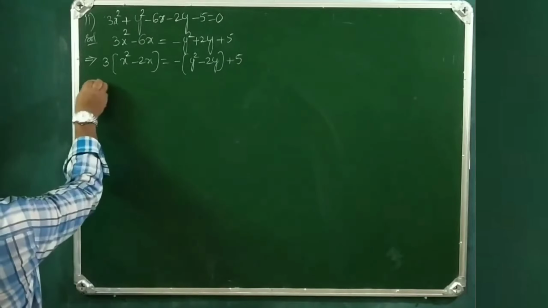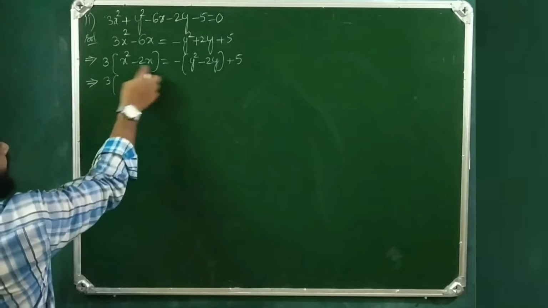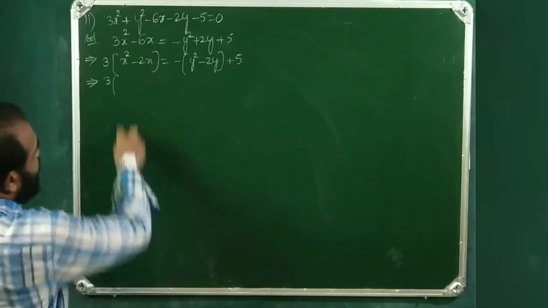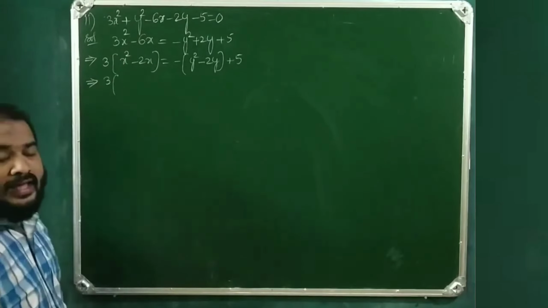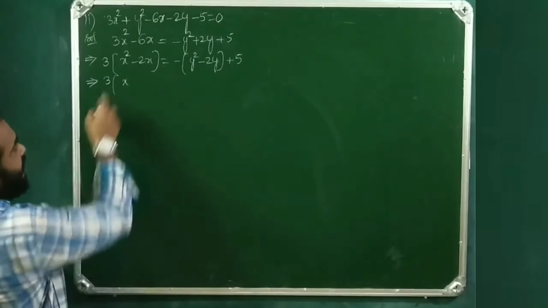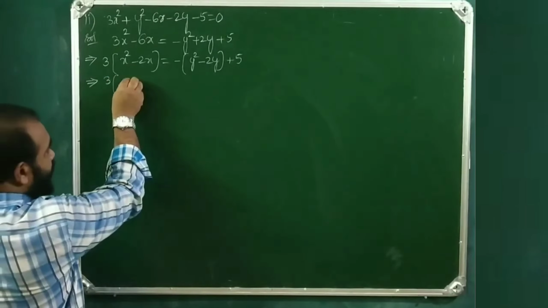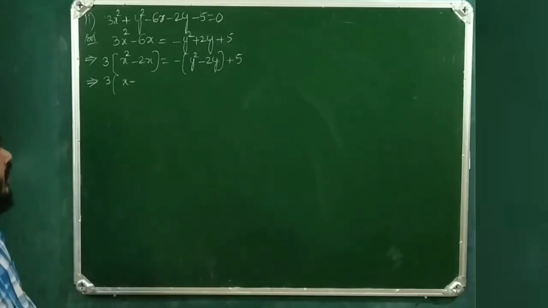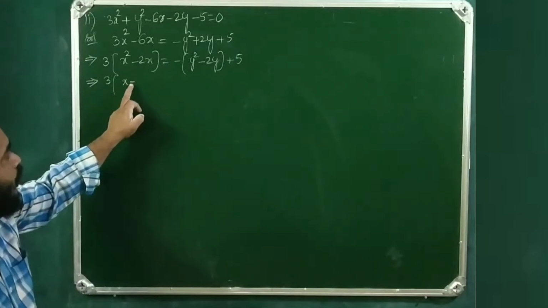This is equal to 3 into x square minus 2x. Let us try to express this as a minus b whole square. So x square, take x, here minus is there, the same minus you have to take into consideration. Had it been plus here, you would take plus.